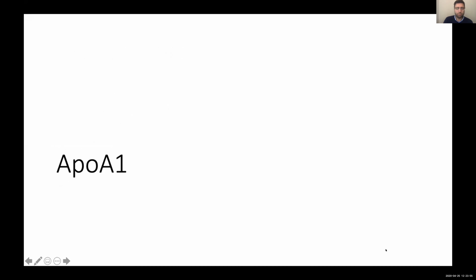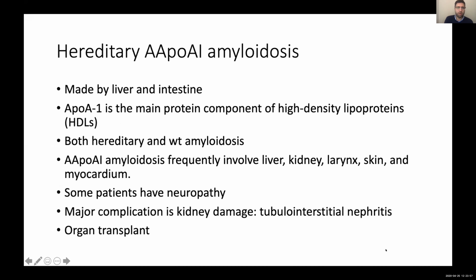Let's move on to the apolipoprotein A1. This is another rare hereditary type of amyloidosis. This protein is made by the liver and intestine, and it's the main component of HDL, which transports your kind of good cholesterol. They've seen both hereditary and wild-type amyloidosis, so they describe two kinds, same as TTR.